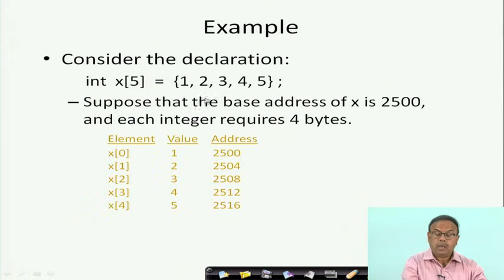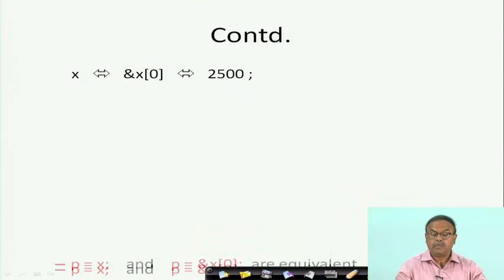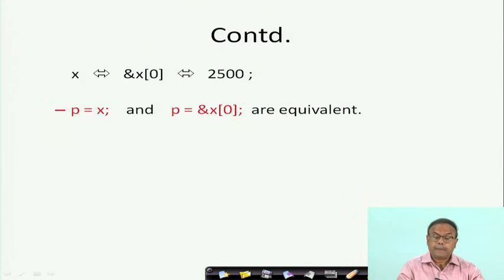So there is a pointer, x means the address of x[0], which is 2500. All right. So, p = x and p = &x[0] are equivalent.